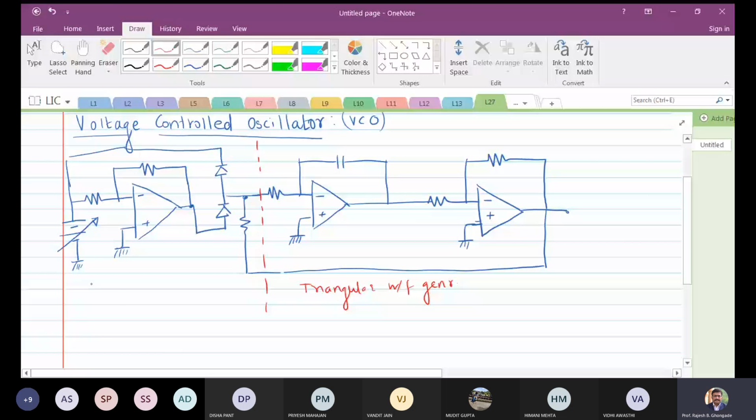So I'll just label these voltages and the components. This was your R1, C1, R2, R3. You get VO1. This is VO2.